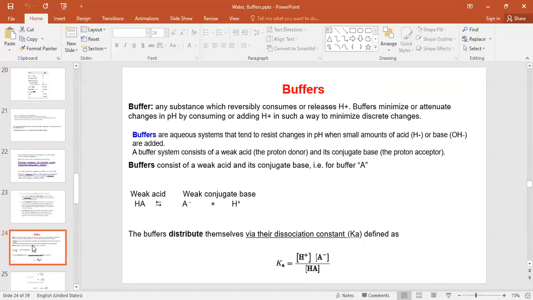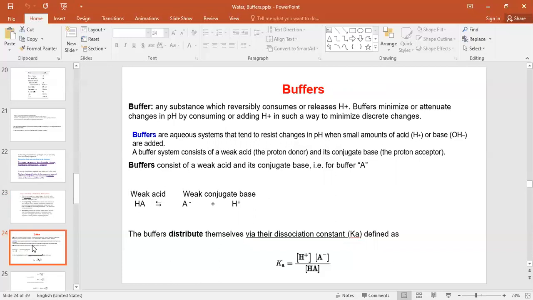Buffers minimize or attenuate changes in pH by consuming or adding hydrogen ions in such a way as to minimize discrete changes. Buffers are aqueous systems that tend to resist changes in pH when small amounts of hydrogen or OH are added.